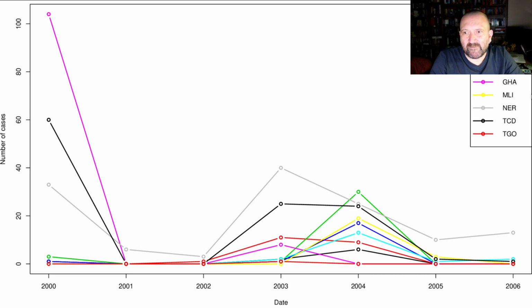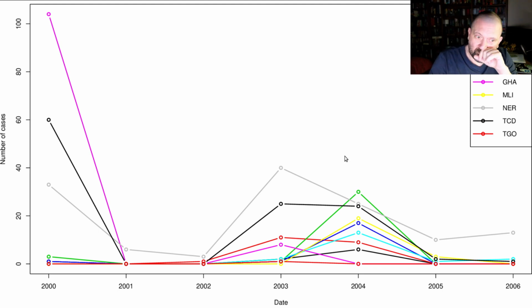So these are the countries in the area and the number of cases of polio the different years. And what you can see is that things were really good until 2002, and then there was this outbreak that started sometime in 2003 and lasted for some time.